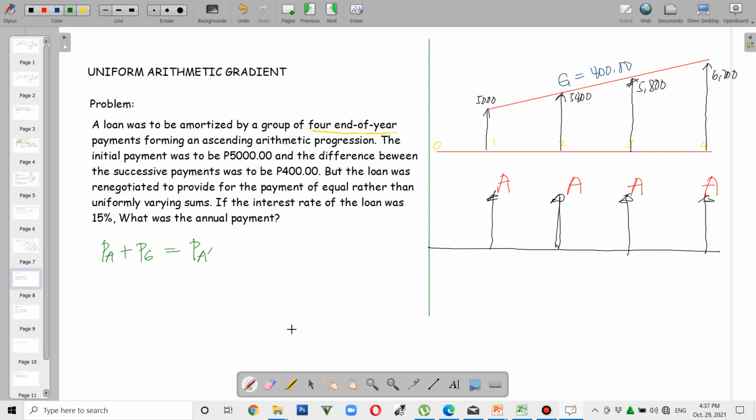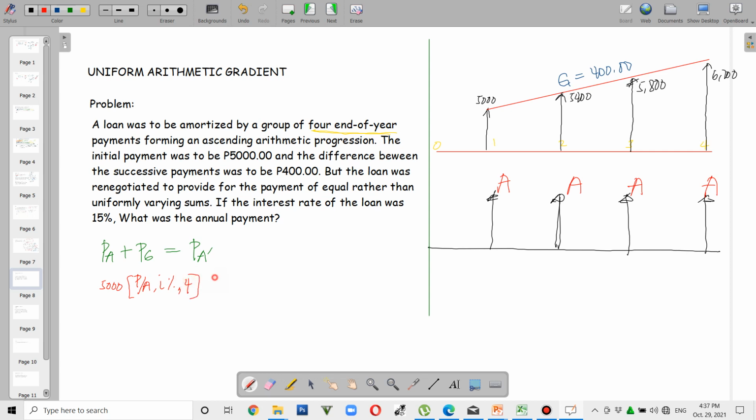Okay? So, what would be the equation of the present worth of our first cash flow? We will use 5,000. The annuity here is equal to 5,000. Annuity times finding P given A at i% at 4.